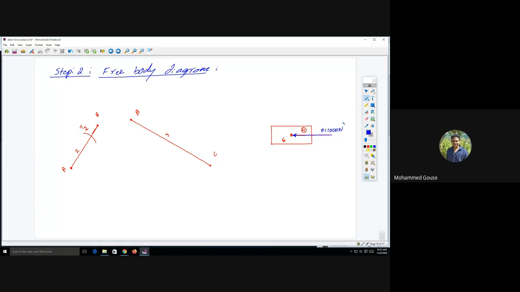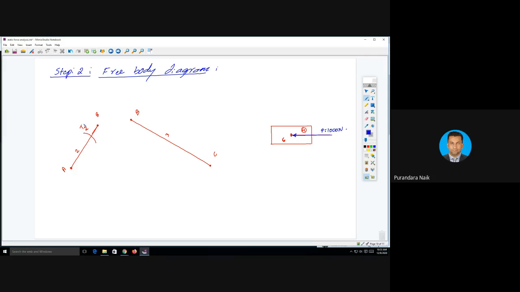AB. AB link. Do you have any known force in this link? Sir, C. Link number 4 has a known force, that is P, correct? Here T2 is there, but T2 is unknown. P is 1000 Newton, a known force, on link number 4.